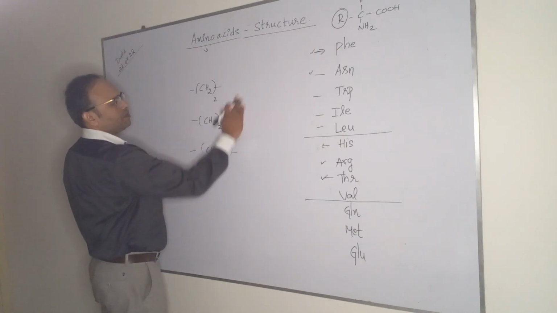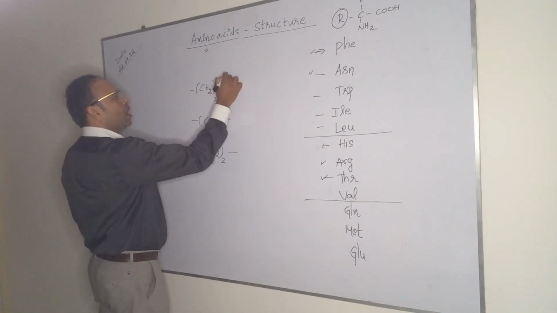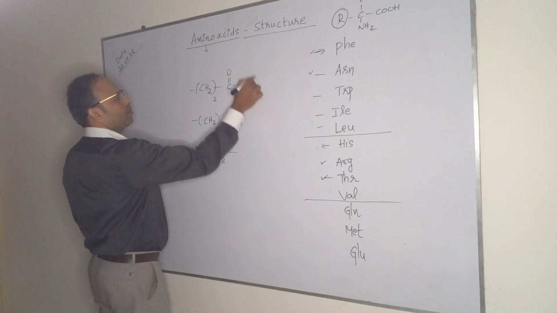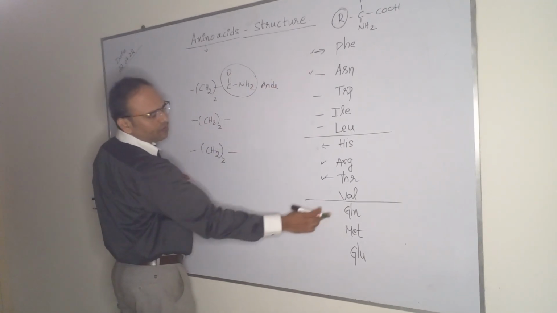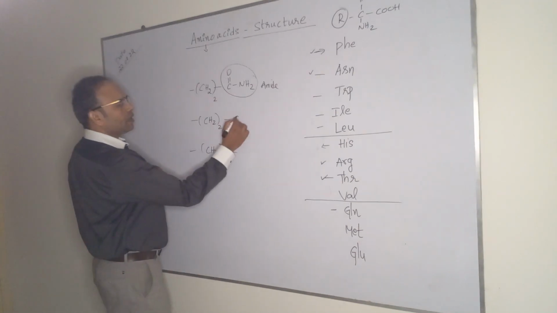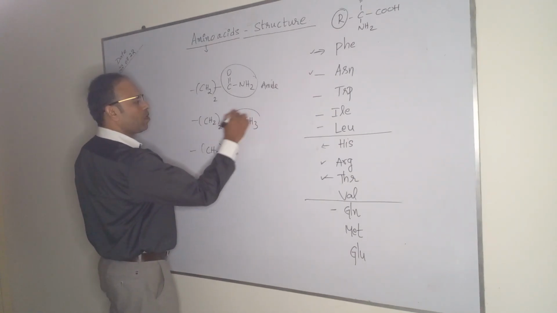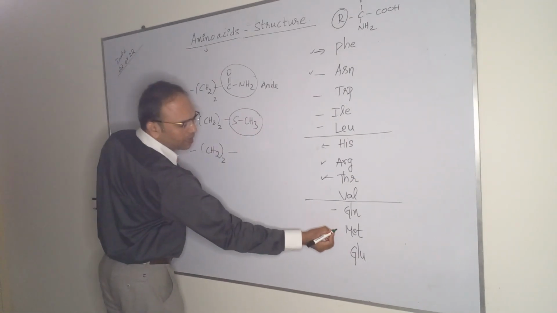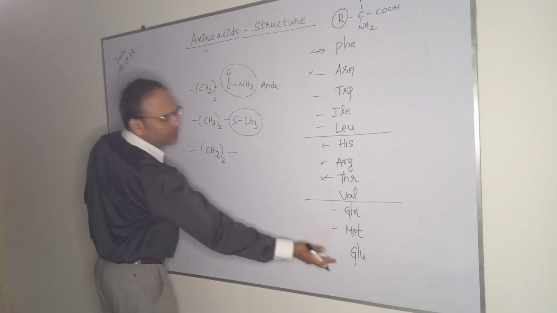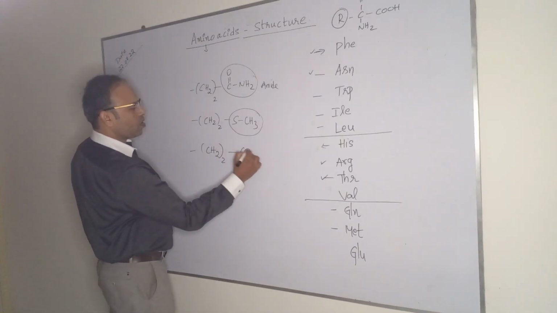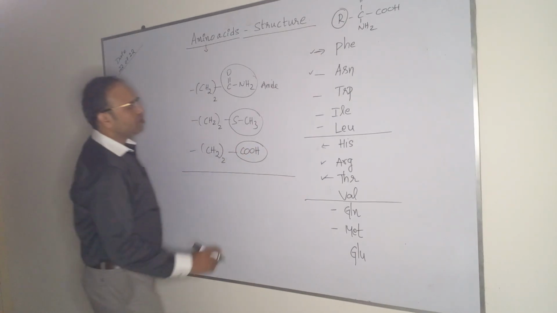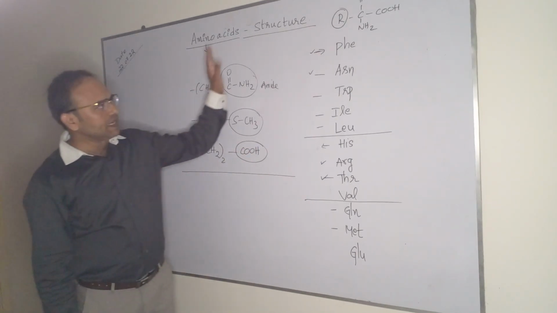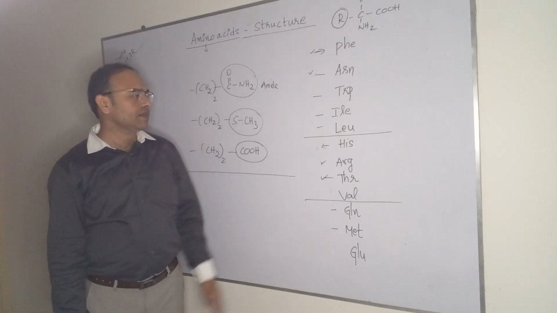Then here amide linkage will be the R group for glutamine. S-methyl group will be the R group for methionine, and last one glutamic acid. Acid is there, so carboxylic acid group. So using this method, we can completely write the structure of all 20 amino acids.